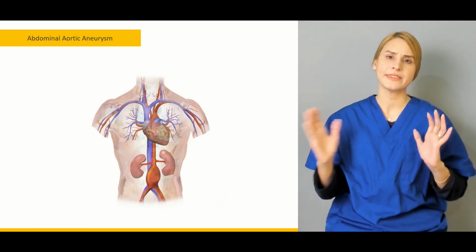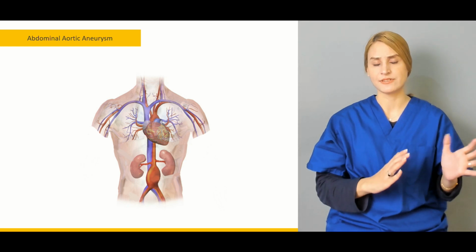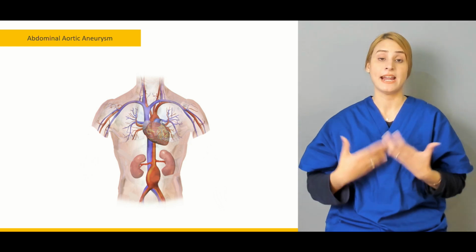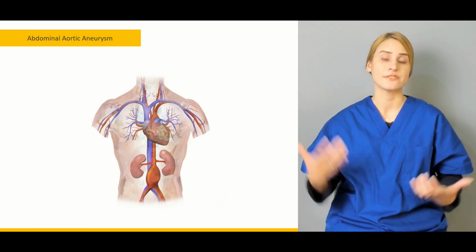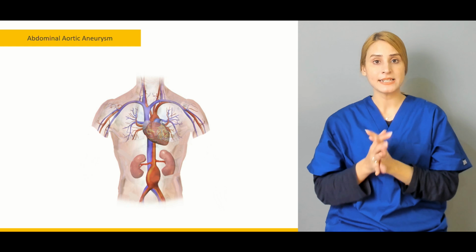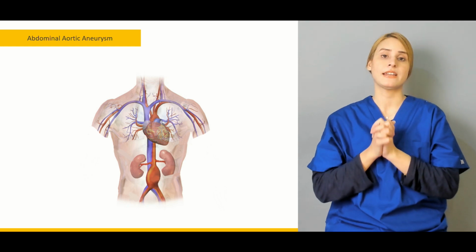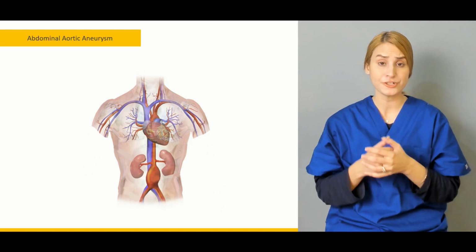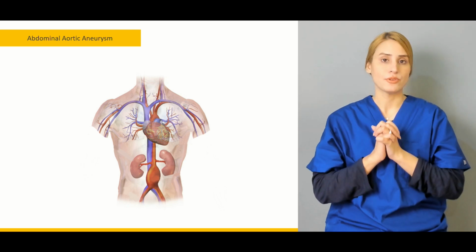If we talk about thoracic aortic aneurysms, most of the time they are more related to inherited defects. They're related to collagen vascular diseases like Marfan and Ehlers-Danlos. Other than that, if we talk about the abdominal aortic aneurysm, the first and the most important cause would be smoking.